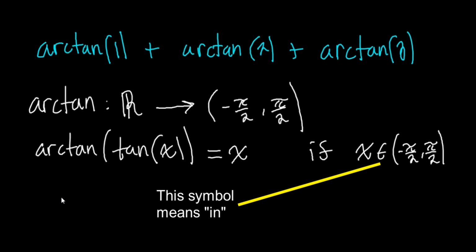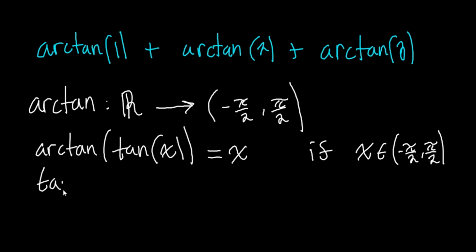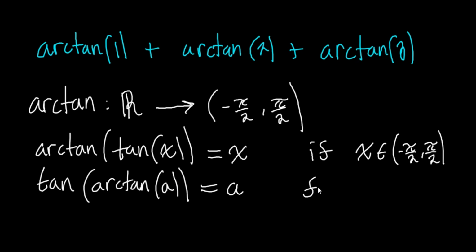And also, check this out, if I were to take the tangent of the arctangent of, say, some number a, then this is equal to a for any a in the real numbers.